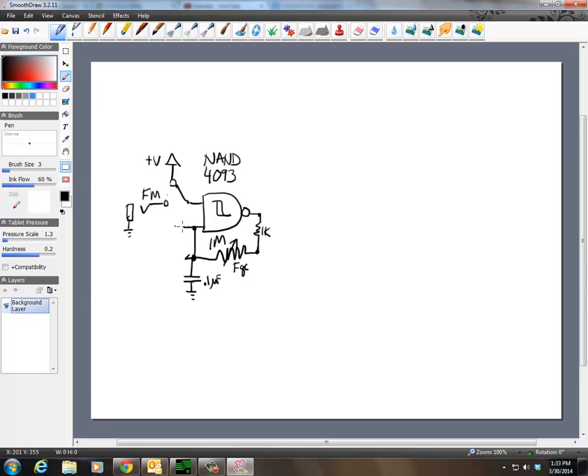And then over here we can also have this connect to another capacitor, a larger capacitor, maybe 10 microfarads. But you could try either 1 microfarad or up to 100 microfarads for that one.